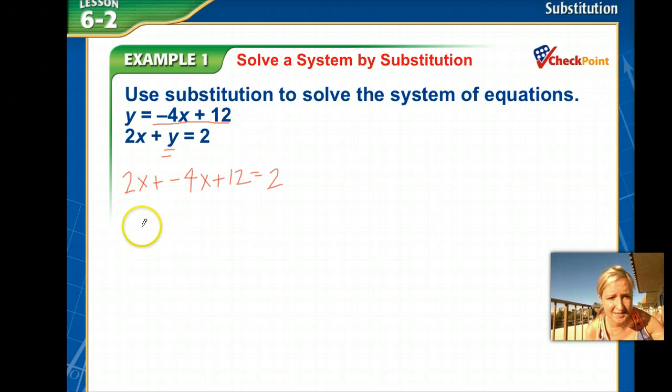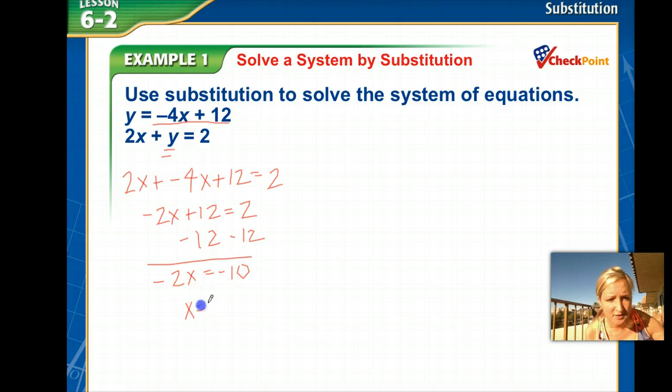So 2x and negative 4x gives me negative 2x plus 12 equals 2. Subtract 12 from both sides. Negative 2x equals negative 10. X equals 5. Now again, you can stick it into either equation to solve. I'll put it back up into the first equation.